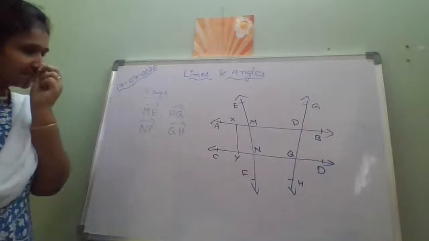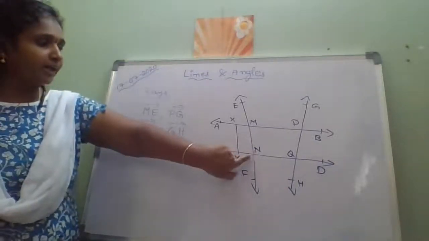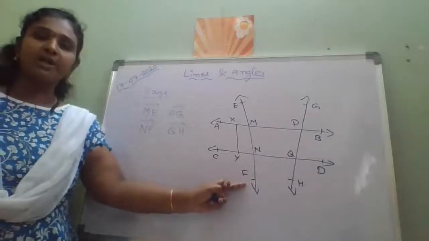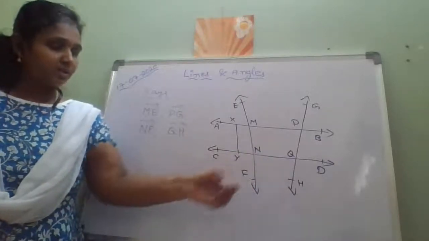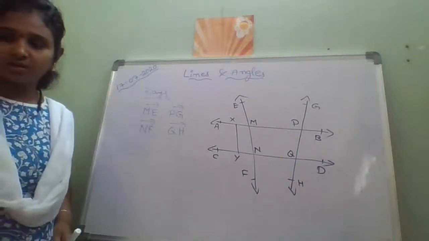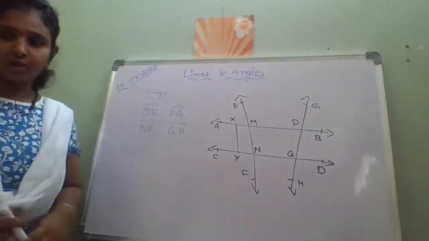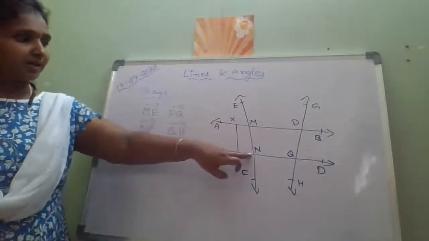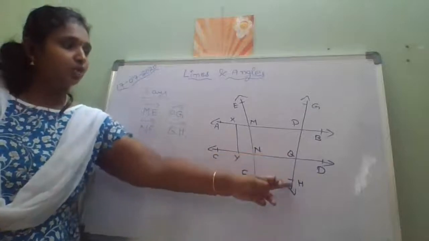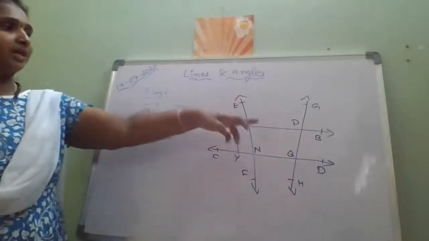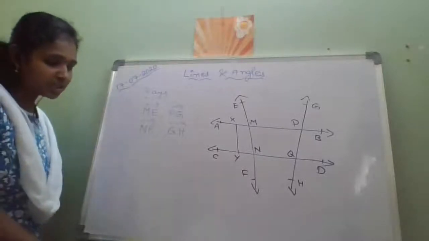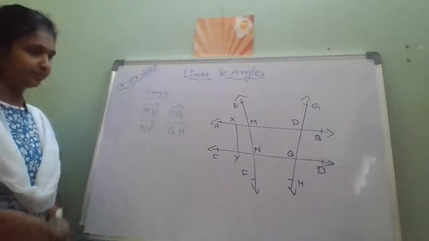Rays means starting point is there, but no ending point. So NF, QH, ME, PG.